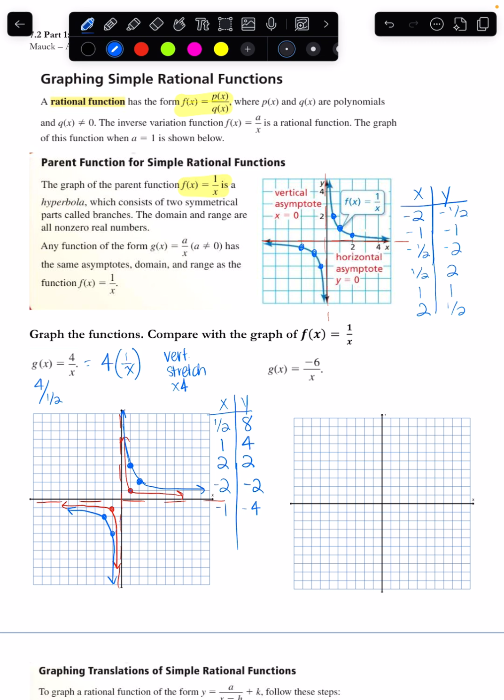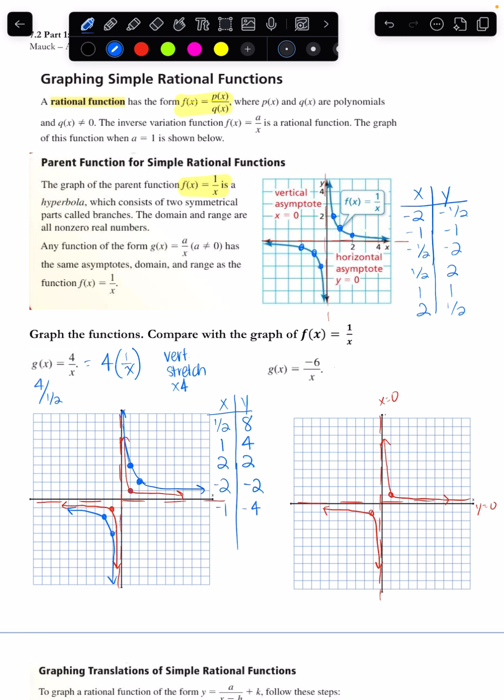On our next one, we're going to start with our parent function asymptotes. They are on the x and y axes. So this one is x equals 0. This one is y equals 0. We know our parent graph has those 1, 1 points, -1, -1. And then if we look at this one, we have a negative sign in our equation.